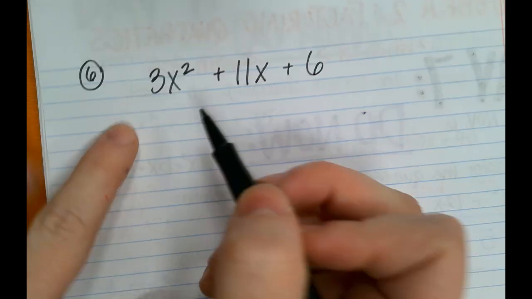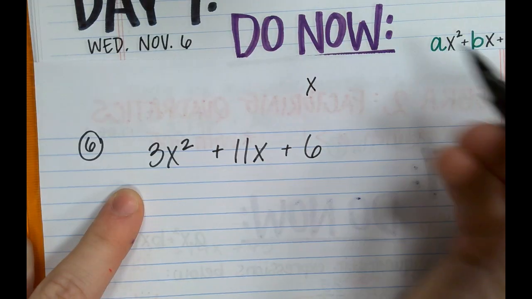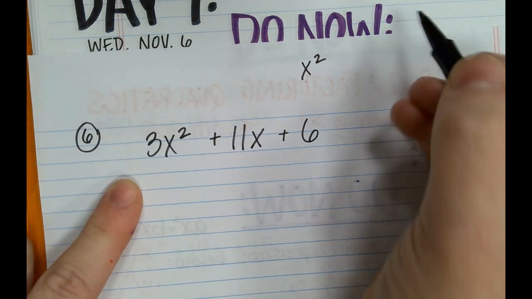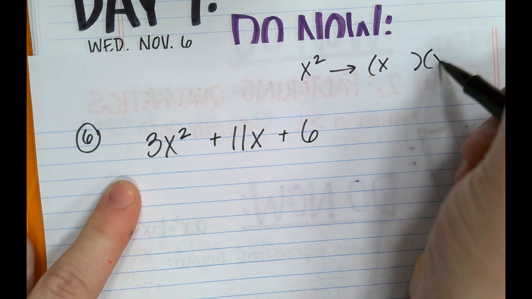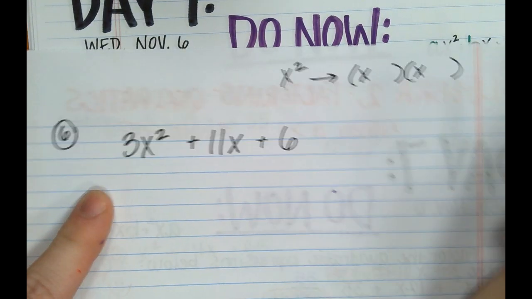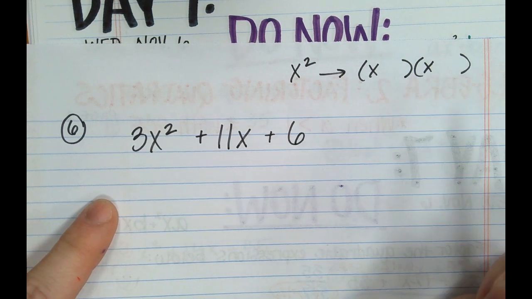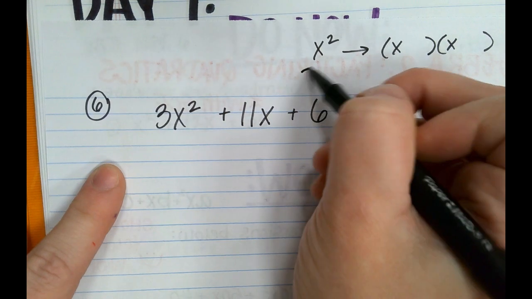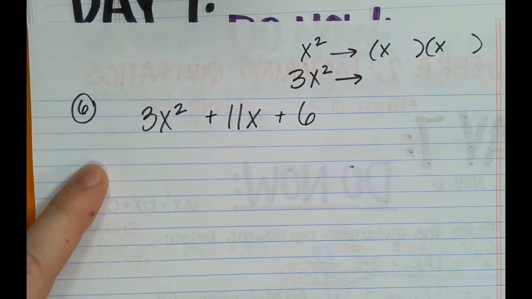Whenever we have a quadratic expression with x squared as the leading term, we know that we can factor it into an answer that looks like x plus or minus something times x plus or minus something. But in this case, we have 3x squared, and we can't reduce it.